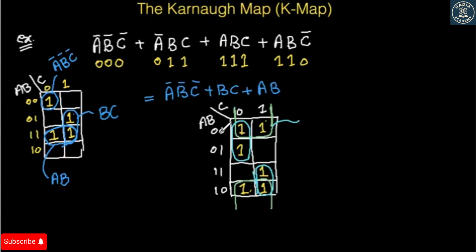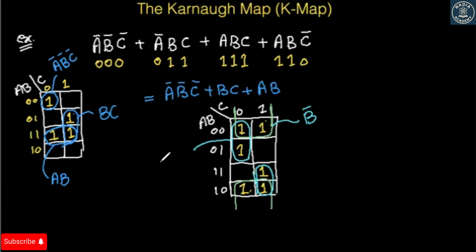Then if we look at B, B is 0, B is 0 here, so B bar. The C is changing, of course, from 0 to 1, so the answer is only B bar.